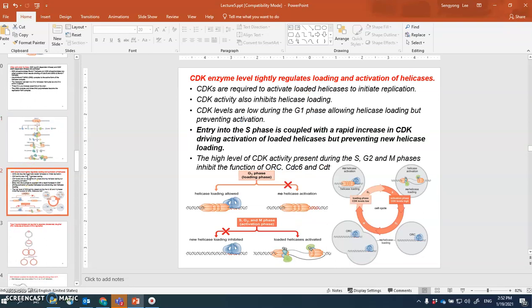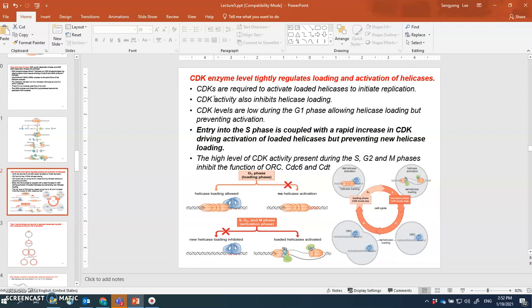But the important thing here is that the cyclin-dependent kinase level is fluctuating, and that tightly regulates the loading and activation of the helicase enzyme. So kinase plays a key role in activation and inactivation of helicase enzymes. Phosphorylation is the key.